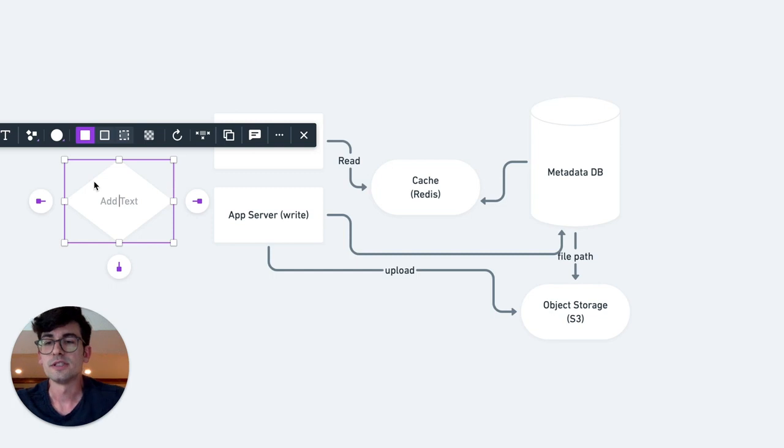So what we would do is we would not have just one app server for reading and writing. We would have many servers, perhaps located in different access points throughout the world, depending on how large our application is.